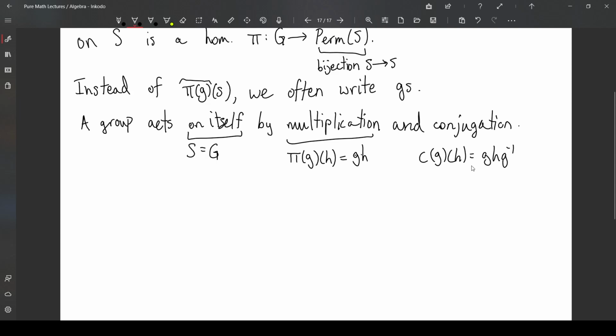And this is indeed a homomorphism because notice that g h1 h2 g inverse is equal to g h1 g inverse times g h2 g inverse. We can introduce this factor, g inverse g, because this is just the identity.